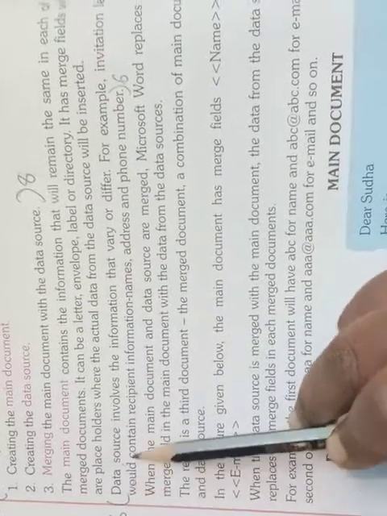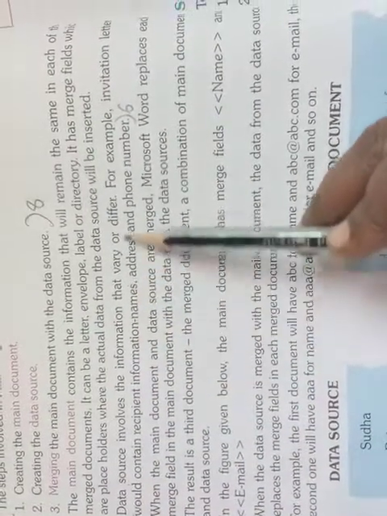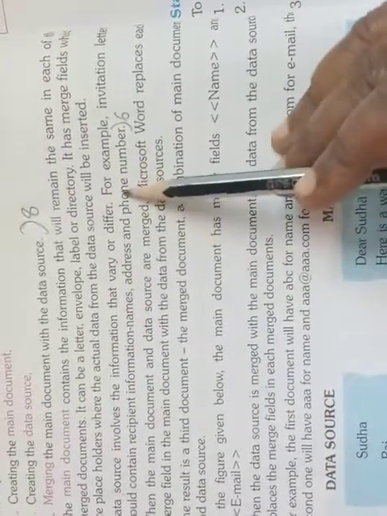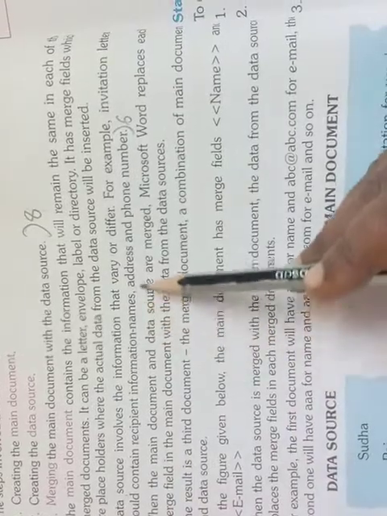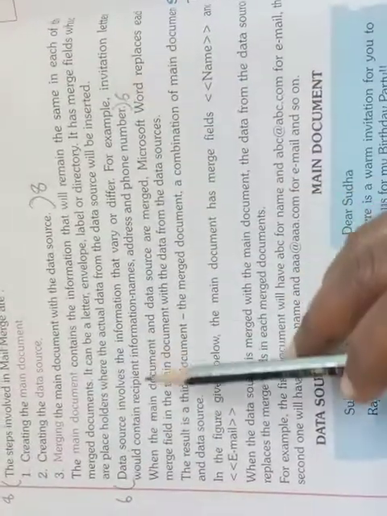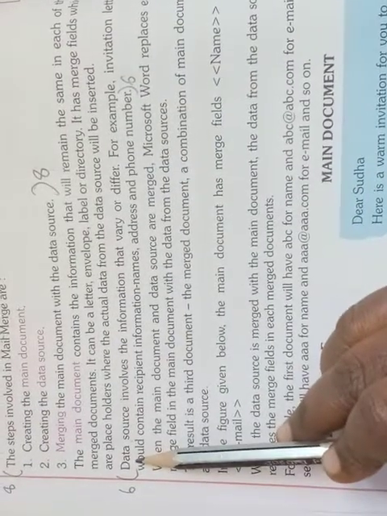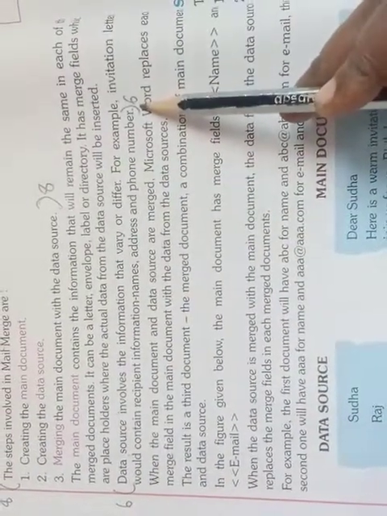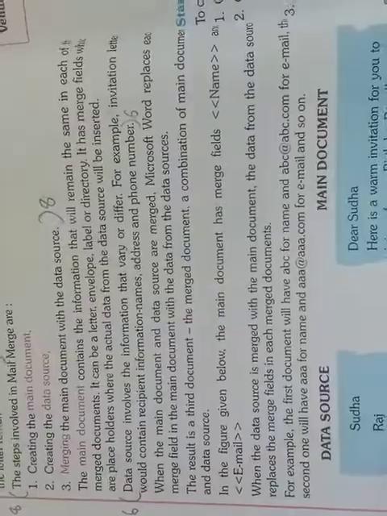Is there, no? Data source involves the information that varies or differs. For example, invitation letters would contain recipient information: name, address and phone numbers, up to here. Okay, from data source here onwards to phone number. This is the sixth question answer.